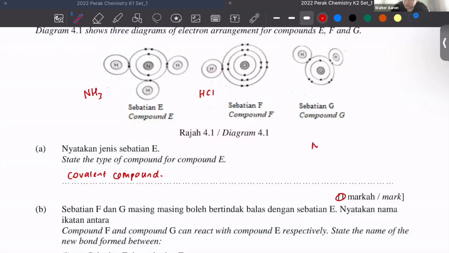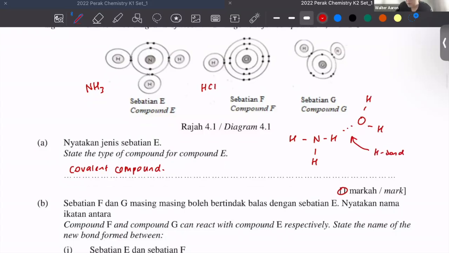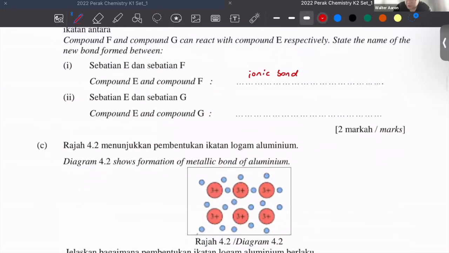The reason is that the hydrogen can be attracted to the oxygen from water, therefore forming this hydrogen bond. So therefore you can put here hydrogen bonding. So you get 2 marks over there.